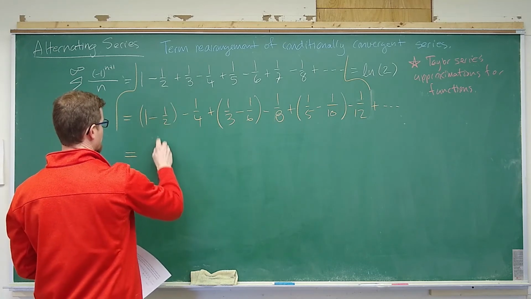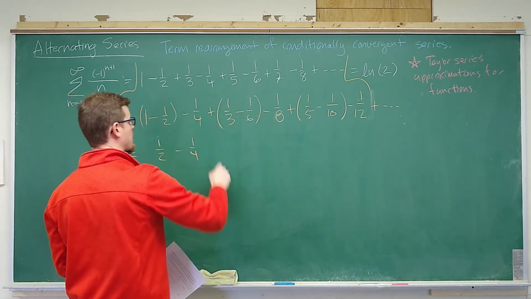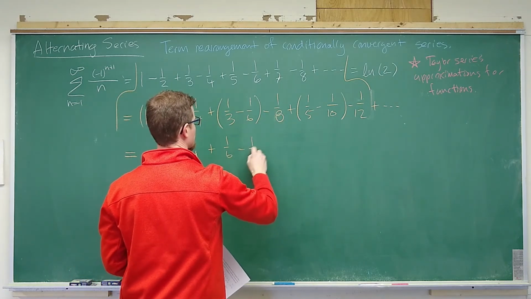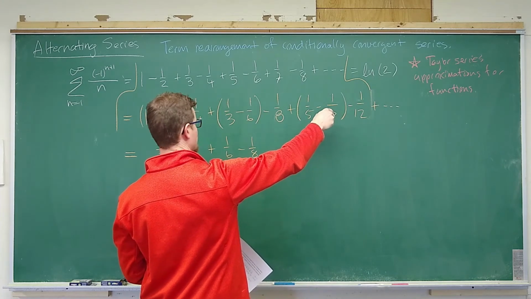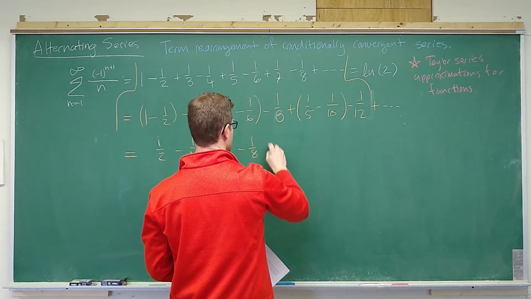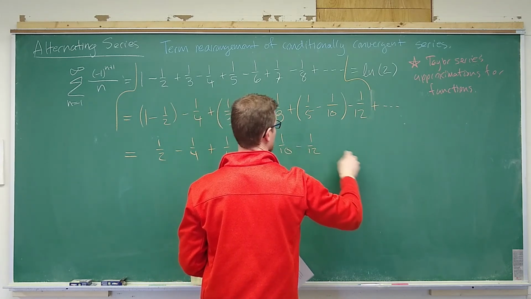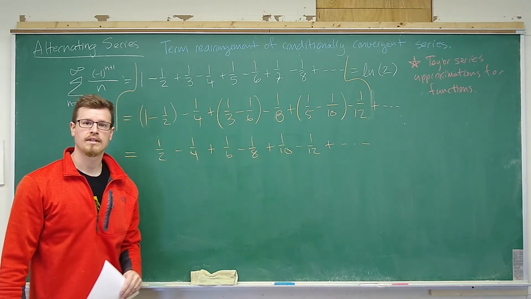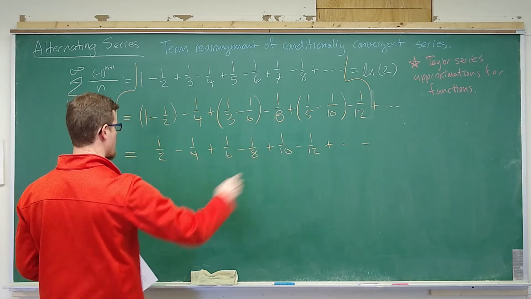1 minus 1/2 is simply 1/2, so minus 1/4. 1/3 minus 1/6 is simply 1/6, minus 1/8. 1/5 minus 1/10 is exactly 1/10, so plus 1/10, minus 1/12, plus so on. From here, I can pull a common factor of 1/2 out of all of these.